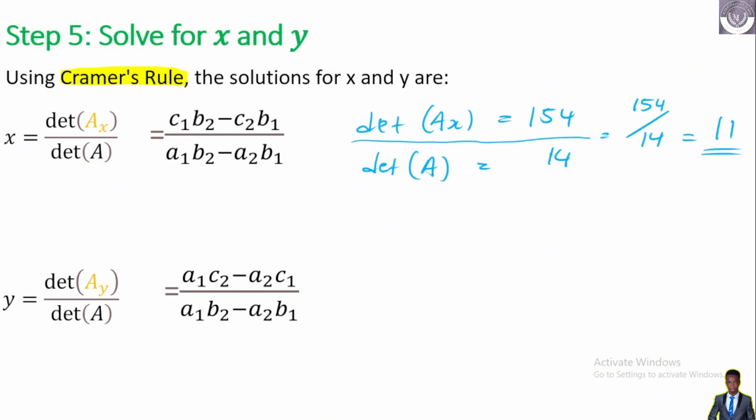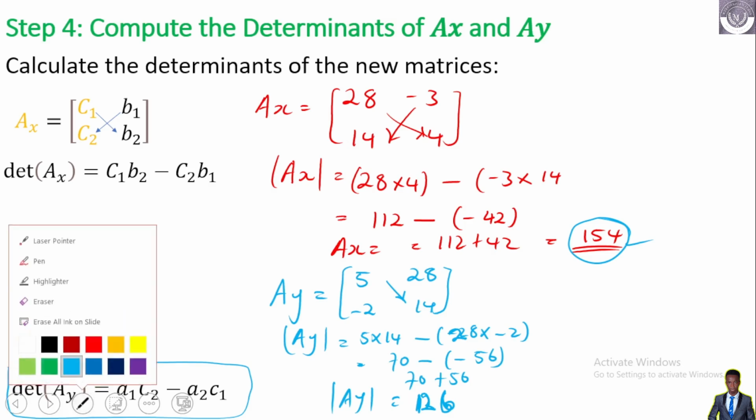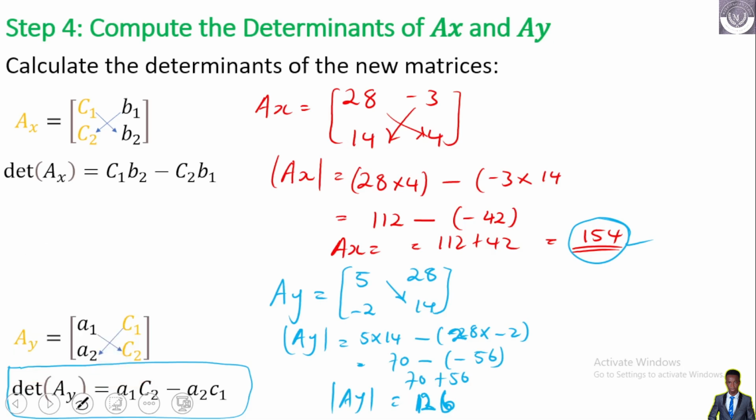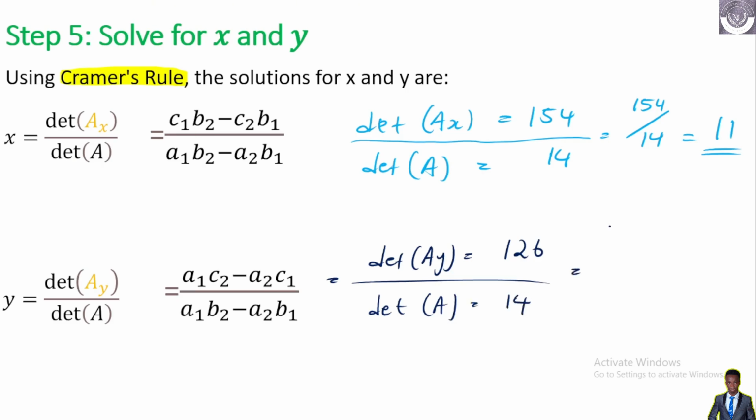And then for Y, it's the same thing again. For Y we take the AY determinant, which is 126. So the determinant of AY is equal to 126. And the original determinant, the determinant for A, is again 14. So this is now going to be 126 divided by 14.